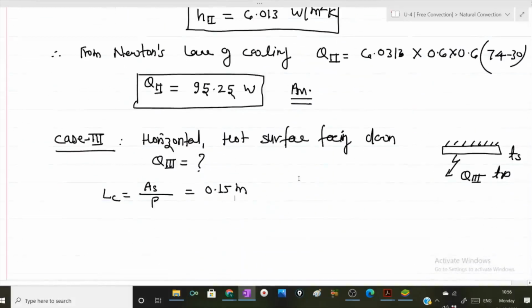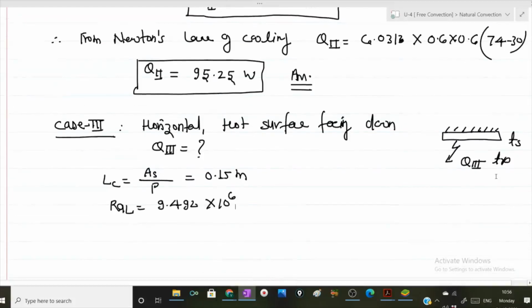That is not going to change, because its orientation still remains horizontal.